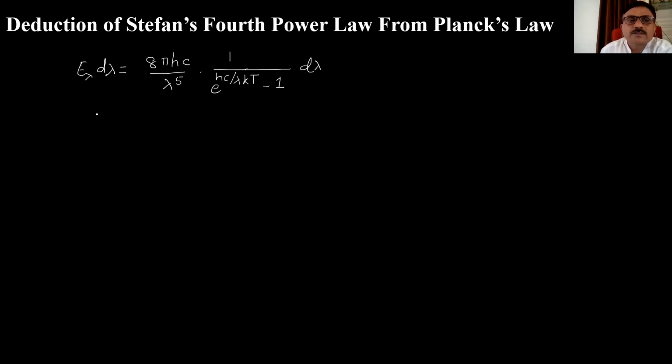Also, we have seen that the same law in terms of the frequency is given as E nu d nu is equal to 8 pi h nu cube divided by c cube into 1 upon e raised to h nu divided by kT minus 1, into this d nu.